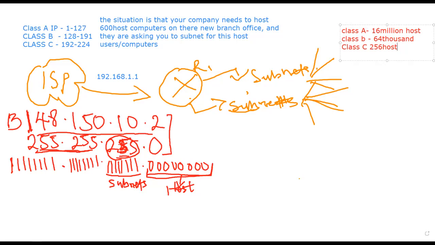But remember, in IT, we are not only providing security and fluency of the whole bandwidth, we are also managers. We want to manage this bandwidth. So when you subnet with this class B IP address looking for just 600 hosts, it's likely going to give us 64,000. Then what are we using 64,000 hosts to do in a network? That doesn't really go. So here comes the skill of subnetting, where we apply this subnetting.